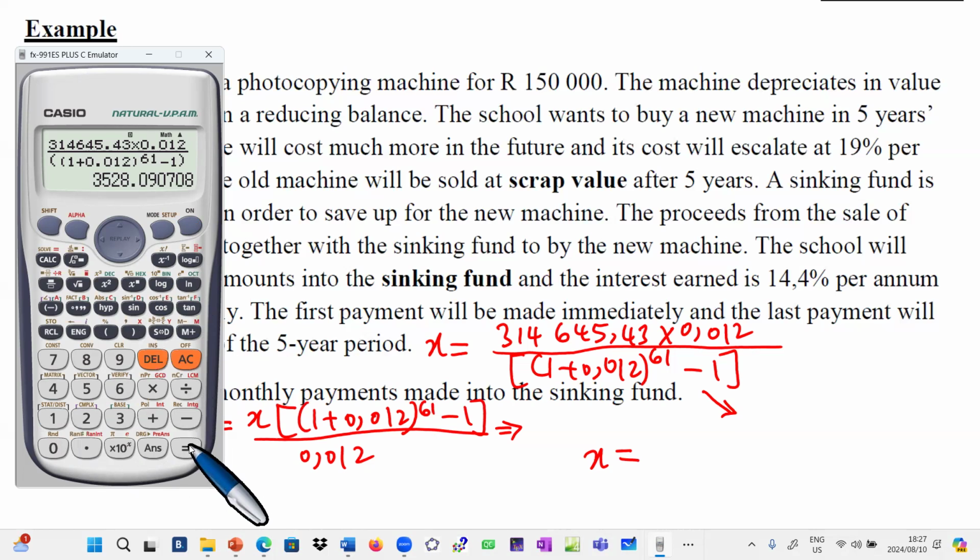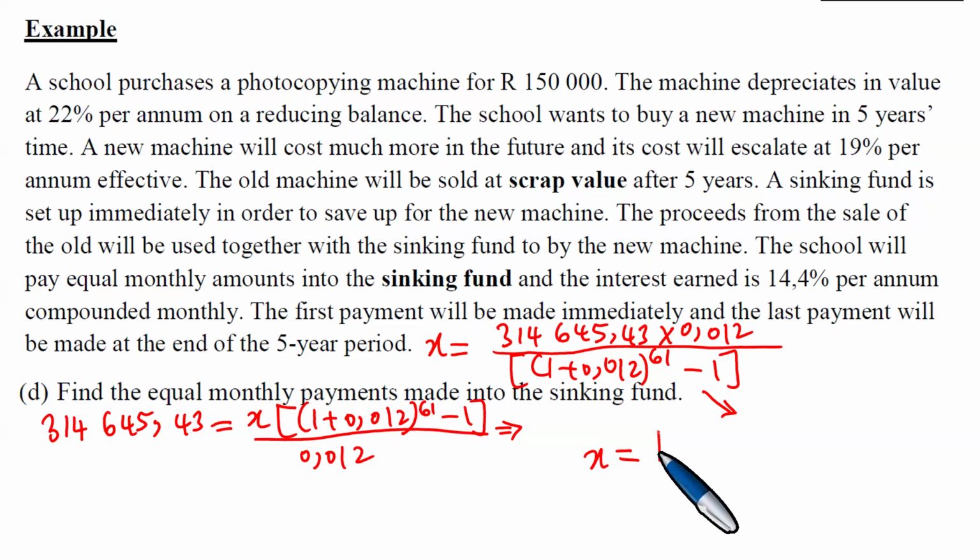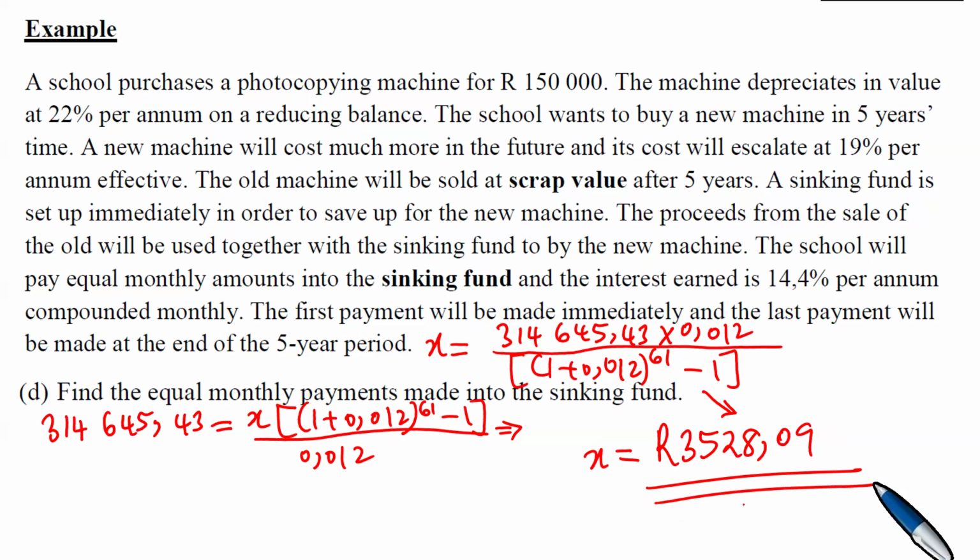Now, this is what we're getting: exactly 3,528.09.